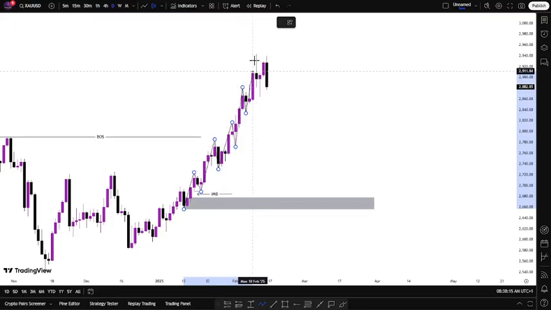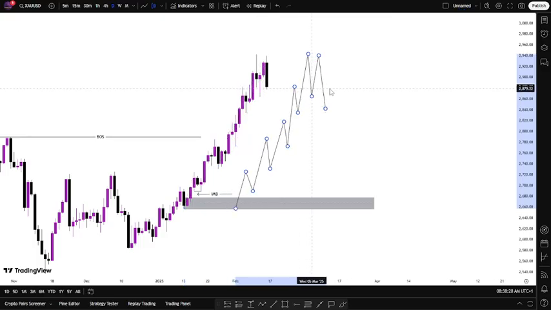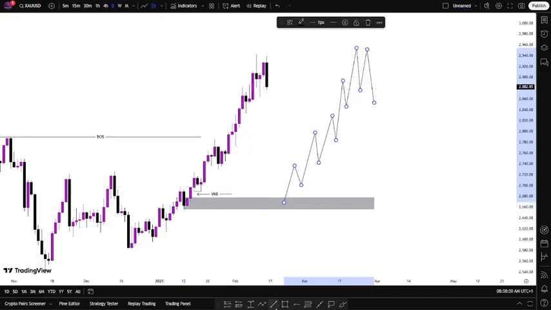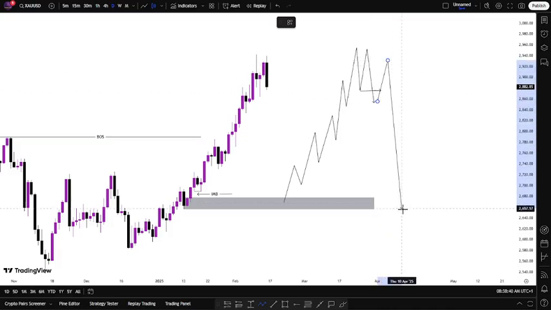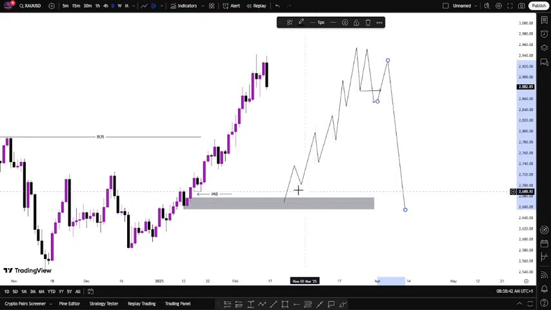So this is the last high, then we have this failure swing. I want this low here to be broken so that we can get that change of character we're looking for, and then we can anticipate something like this from here, move up to the supply and then sell.